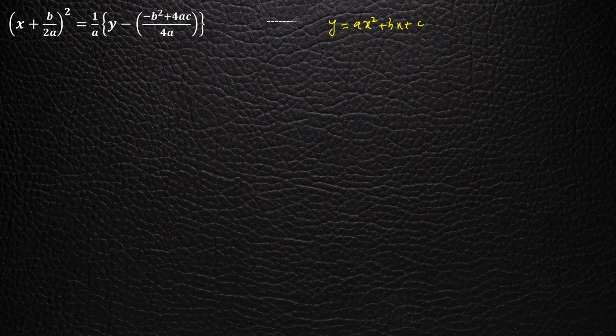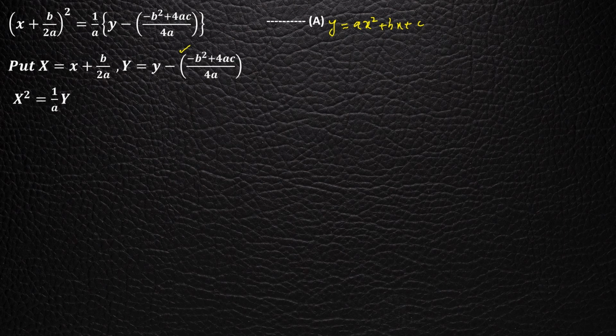We call this equation as equation A. Now we put x plus b over 2a is equal to capital X and y minus b square plus 4ac over 4a is equal to capital Y. The equation A now becomes capital X square is equal to 1 over a into capital Y. We call this equation as B.